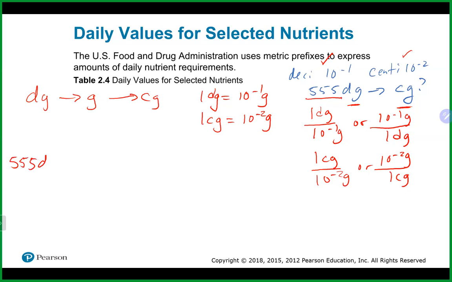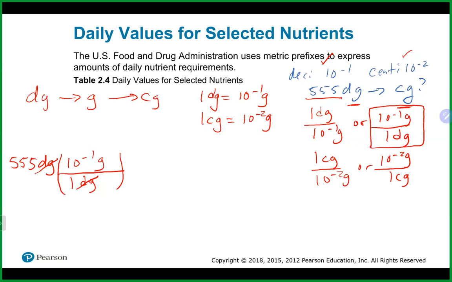555 decigrams. Once again, although it is not written as a fraction, the decigrams are up on top. So to get rid of decigrams, we want to go the opposite location, which means we do want to use the conversion factor over here to do it. That would give us 10 to the minus 1 grams up on top and 1 decigram on the bottom. At this point, the units of decigrams should cancel each other out.